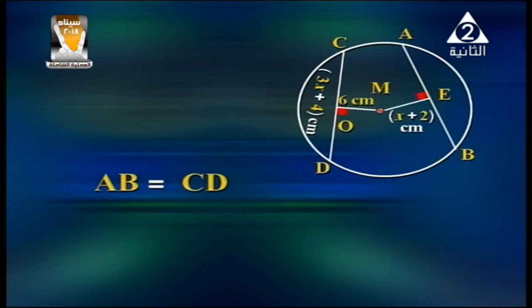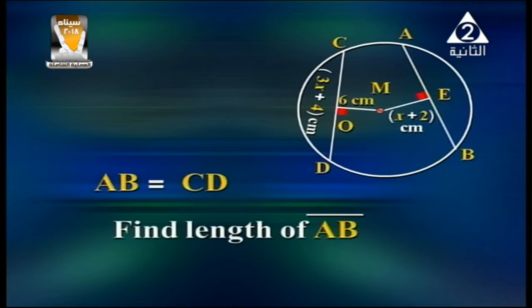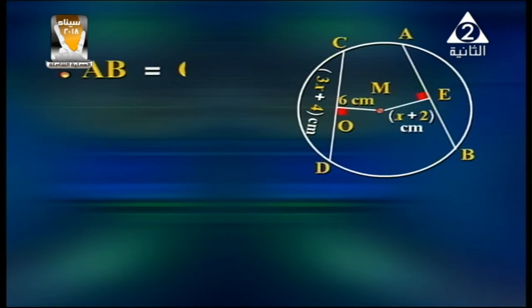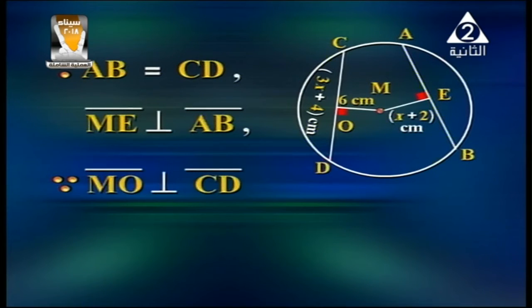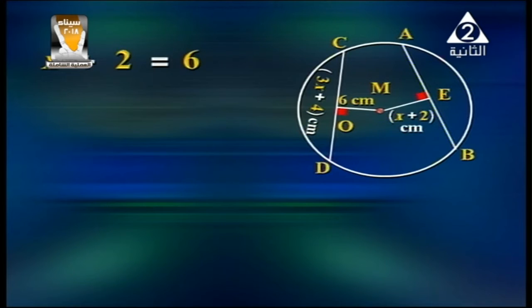In the figure opposite, AB equals CD, try to find the length of AB. First of all, you have two equal chords. Yes, as AB equals CD, you are going to notice that ME is perpendicular on AB and MO is perpendicular on CD. So therefore, X plus 2 equals 6.